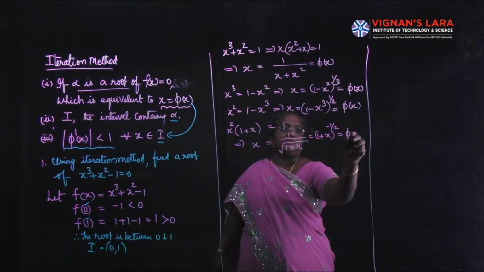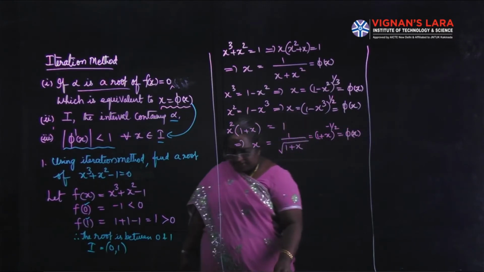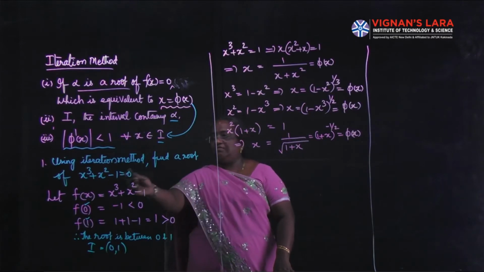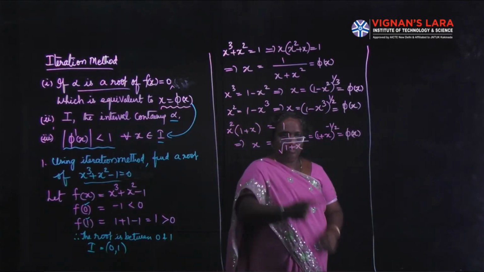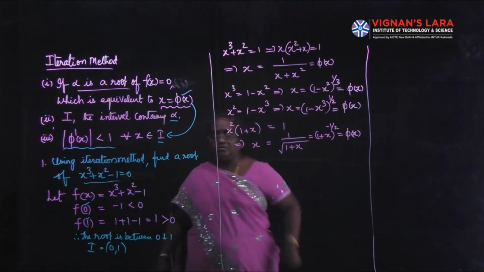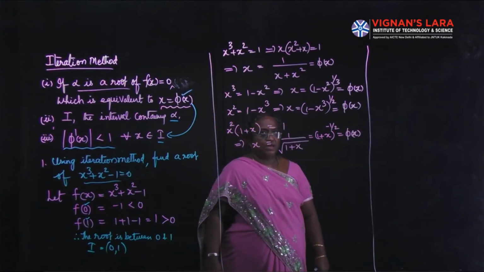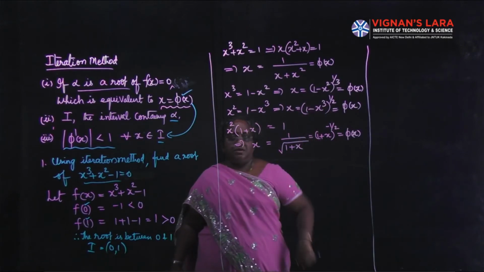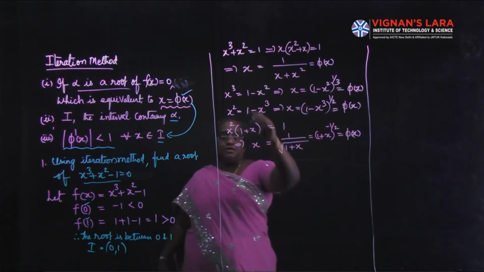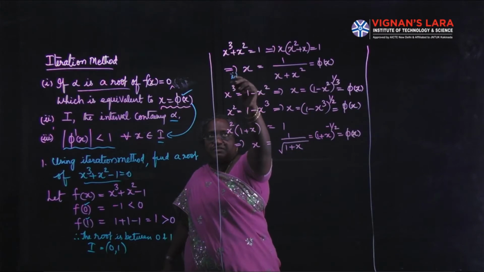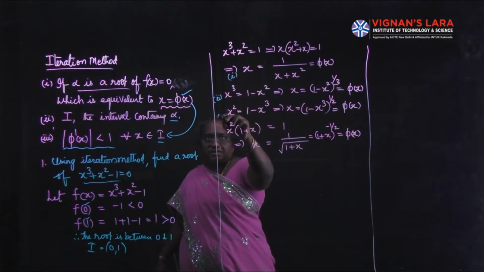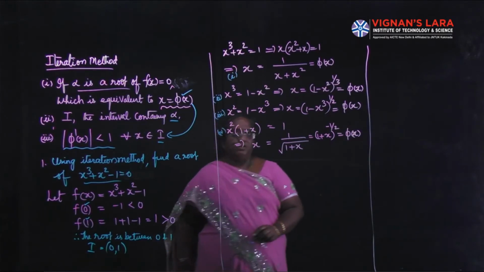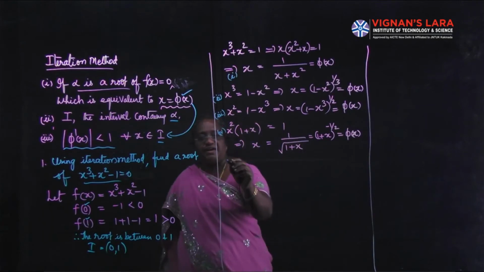Beyond this there are no possibilities. So using the given function, I can write x in 4 ways. I will take this as the first case, this as the second case, third case, and this as the fourth case. Now in each case I have to find phi dash x.